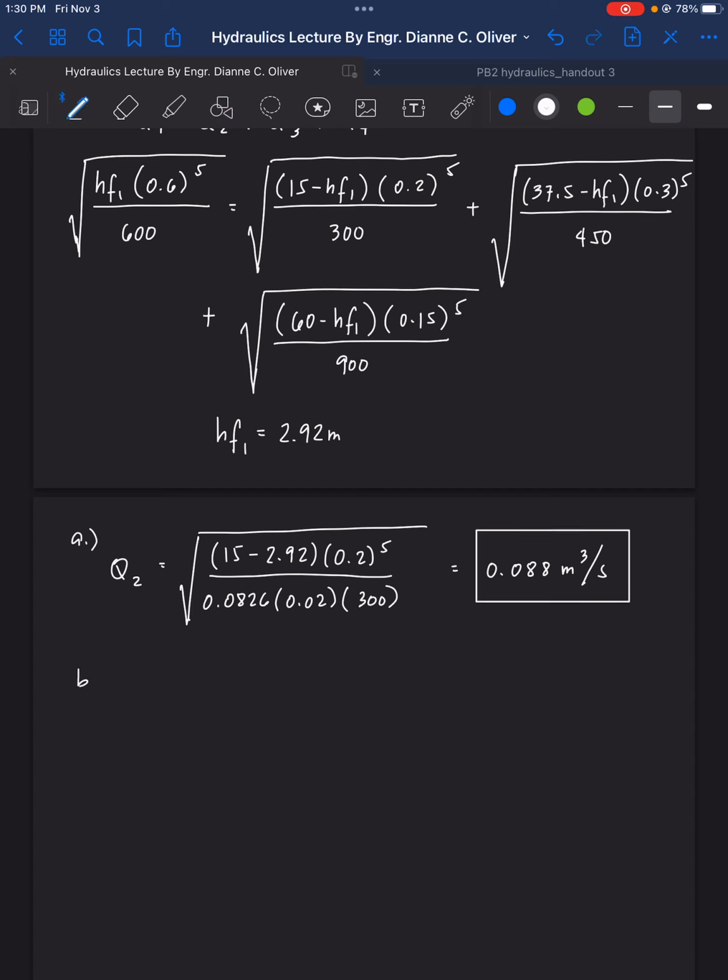Next, let's go to B for Q3. So this is the Q3.